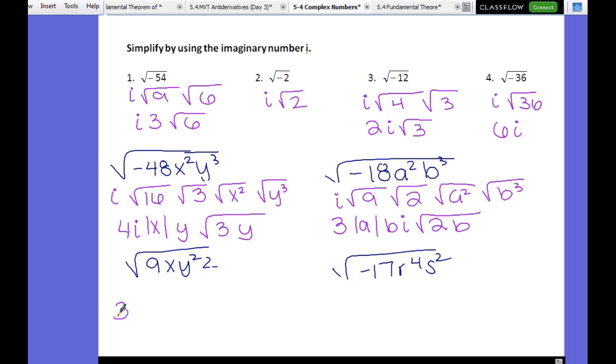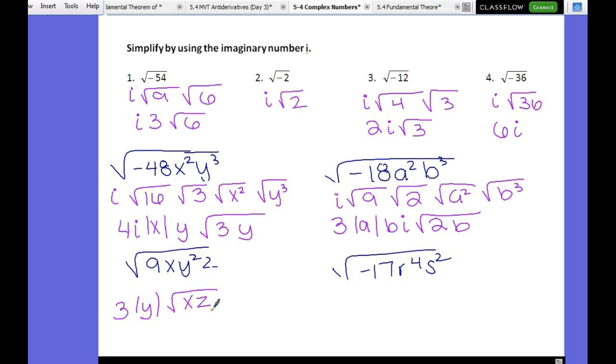Okay, square root of y squared becomes absolute value of y. And what about the square root of z? So x and z live inside. The 9 became a 3. The y squared became absolute value y. What's this problem not have? An i. Why doesn't it have an i?